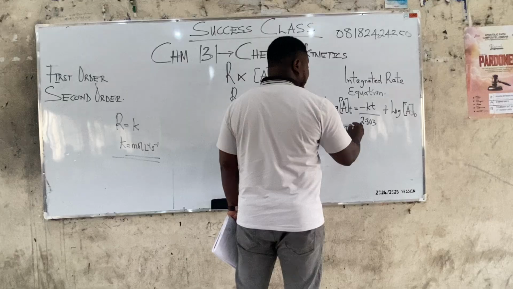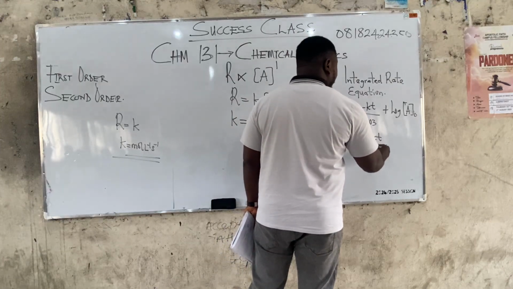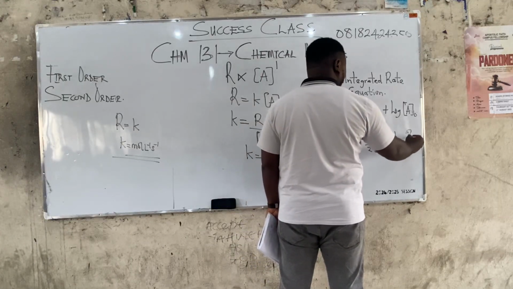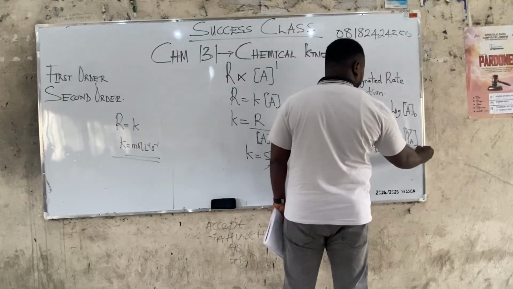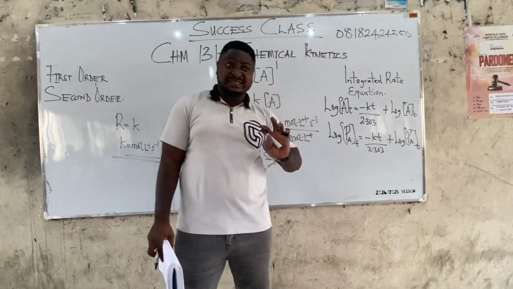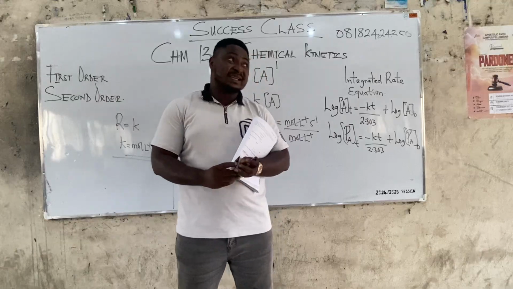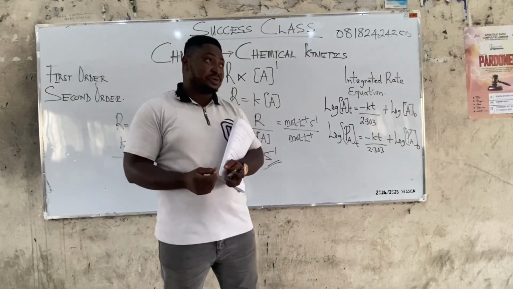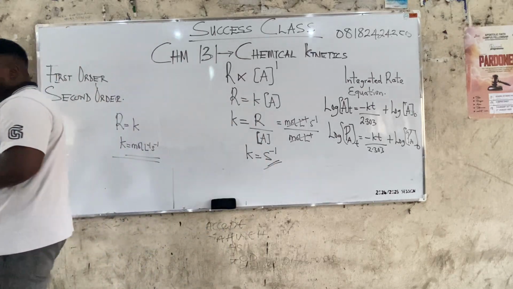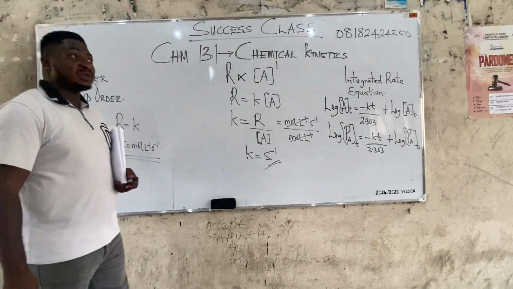Log pressure of A at a particular time t equals minus kt all over 2.303 plus log pressure of A at 0 seconds. Class, we only change concentration to pressure. Every other thing remains the same when all components of the reaction are gases. If you're dealing with a gas, you can use pressure instead of concentration.